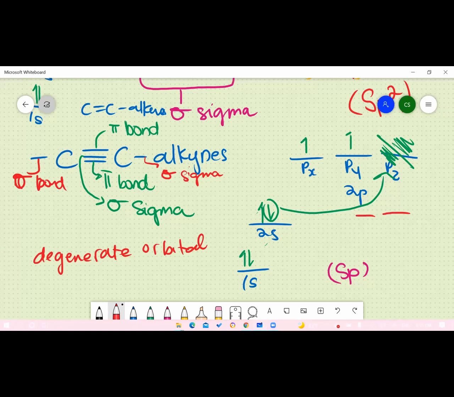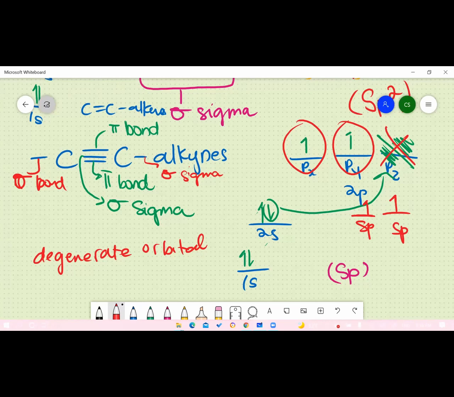So 1, 2. These are sp, sp, each with one electron. So that leaves you with 2 hybridized orbitals and 2 unhybridized p orbitals, right? Those two p orbitals will each form a pi bond, resulting in 2 pi bonds.